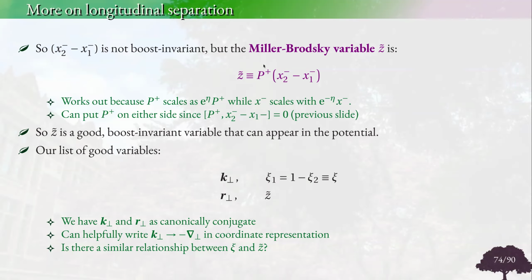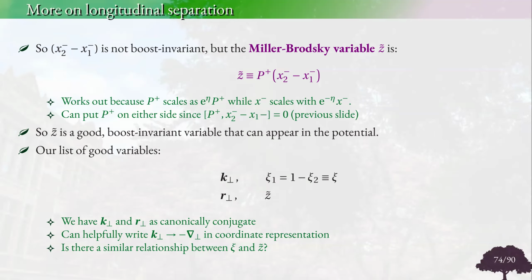And it works out basically because your minus components and your plus components scale in opposite ways when you do a longitudinal boost. So this extra e to the minus eta you get in x minus is canceled by an e to the eta when you boost p plus. So it's basically kind of the canonically conjugate variable to your momentum fraction.